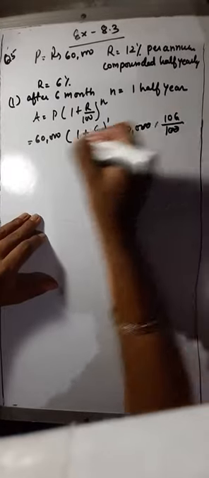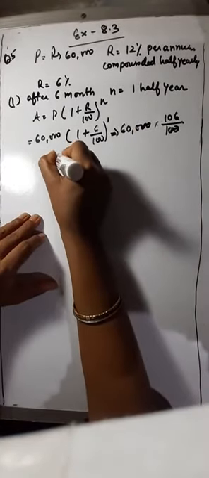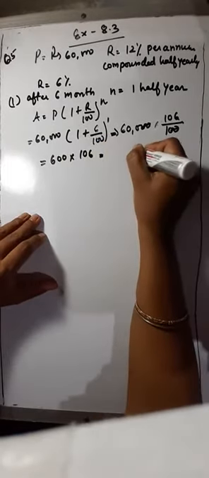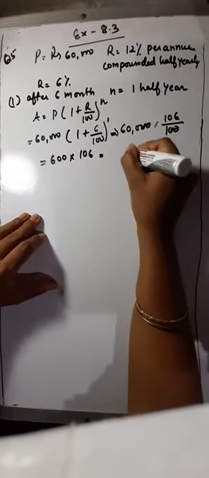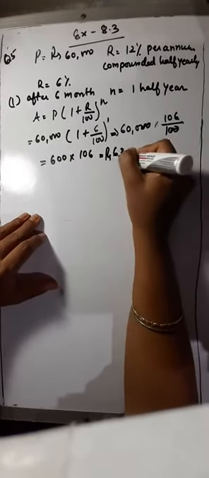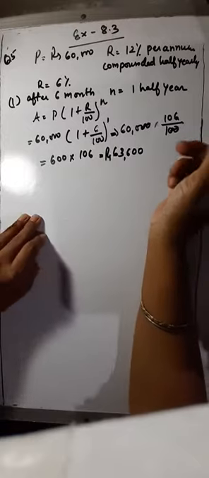We cancel two zeros, we get 600 into 106. This is 63,600 rupees.